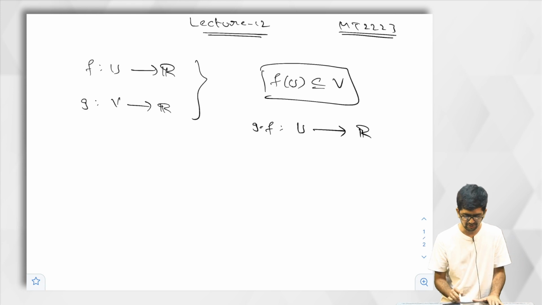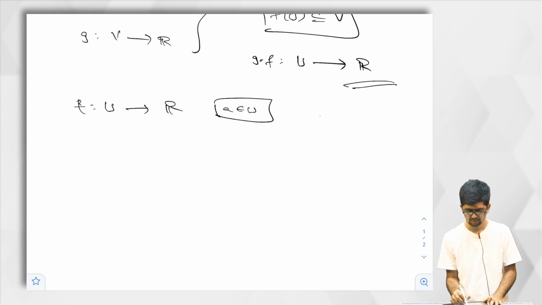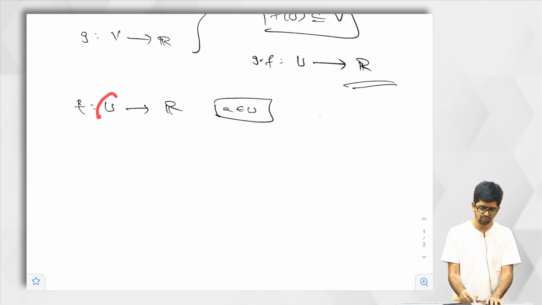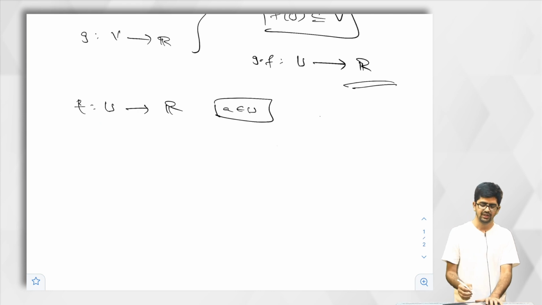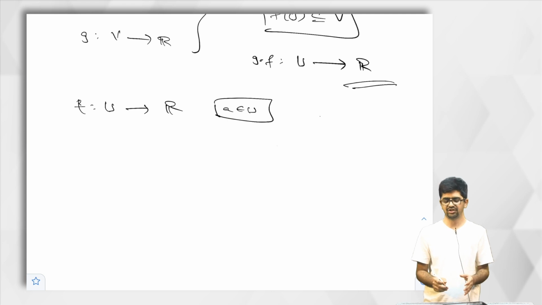So let us take a function f from U to R, and let us take an element a belonging to U. We already know what it means for this function to be continuous at this point a. For every sequence in U that converges to a, the image of the sequence also converges to f of a. That is the description using the sequence version.